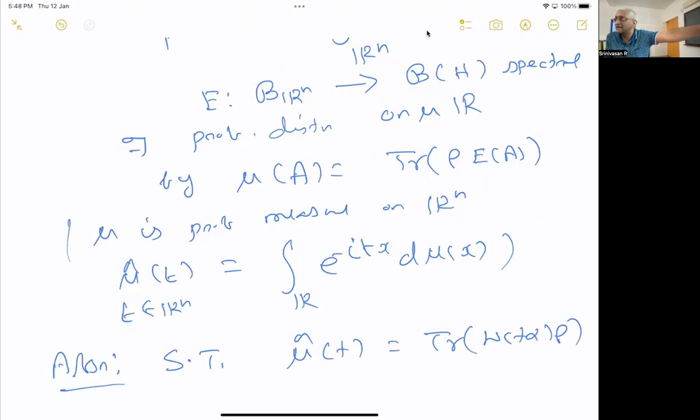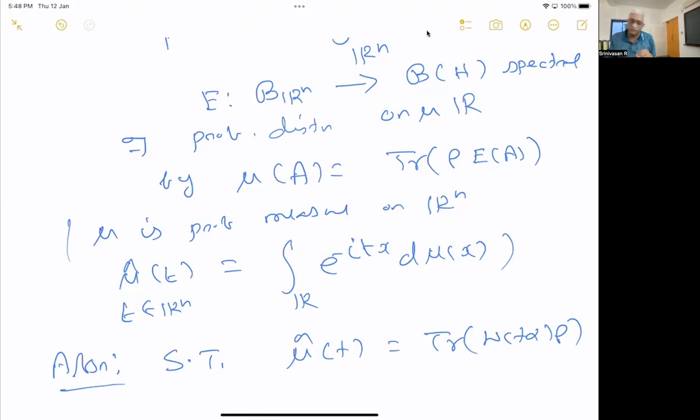Then any trace class operator can be approximated by finite rank operators. You can use that, then you have to use appropriate convergence and all that. Or you can use the expansion of the trace and try to prove it. Okay. It's not difficult to prove.